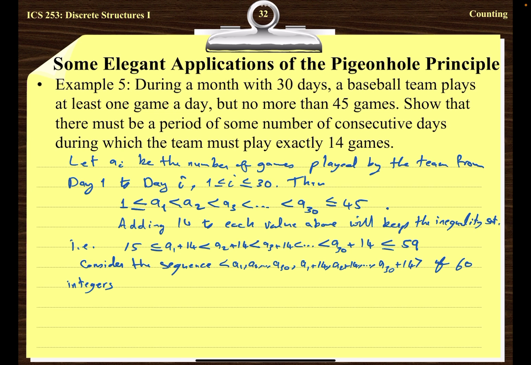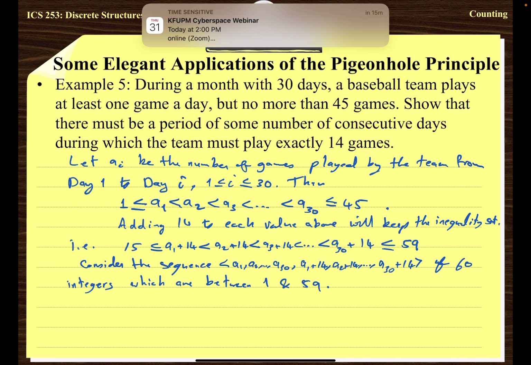Consider the sequence of 60 integers, and do we know where are the values of these 60 integers? Between 1 and 59. طيب can I apply pigeonhole هنا? Yes, I can صح?